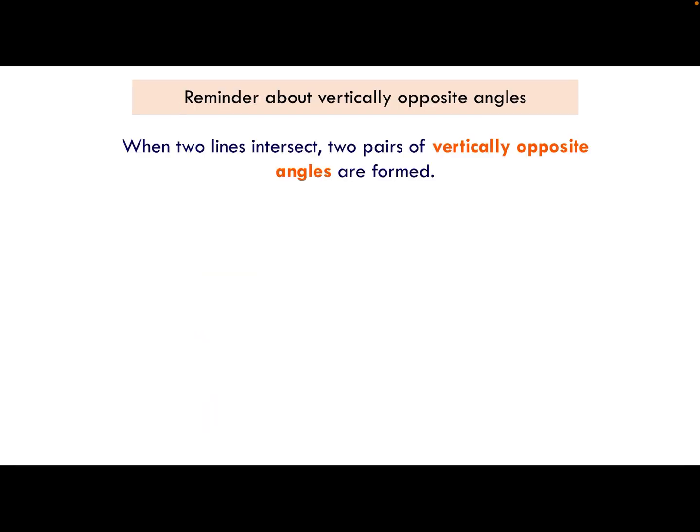So, just a quick reminder that vertical opposites, or vertically opposite angles, any opposite angles in fact, are always equal to each other. Yes, so they're the same. So if I drew a line there, this and this are going to be the same, this and this are going to be the same.